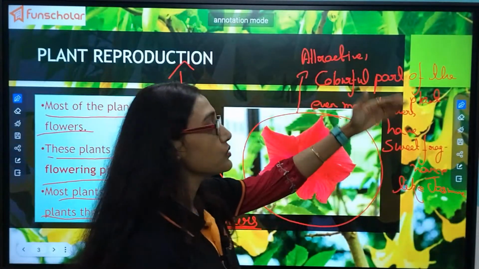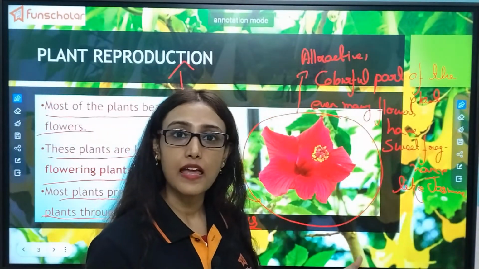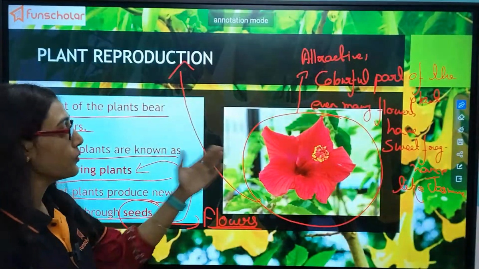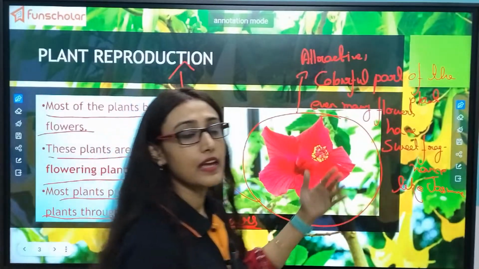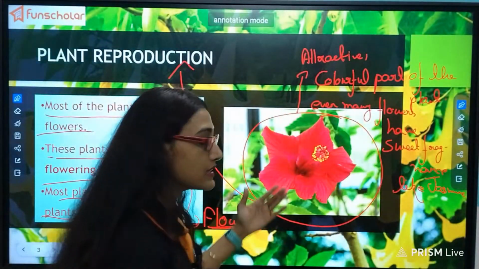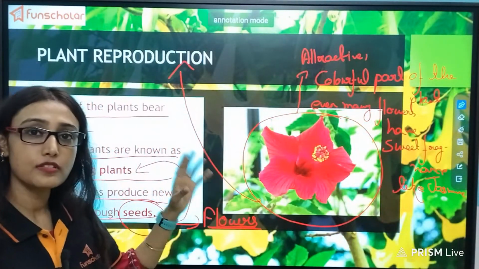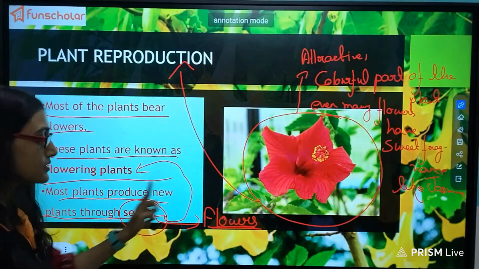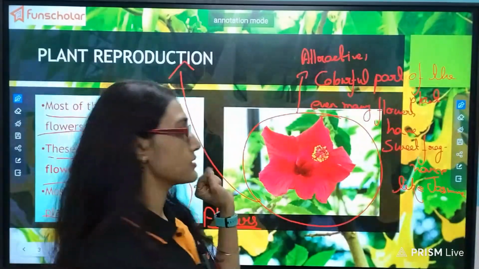Because to attract insects. So what do the insects do? We will read in the next slide. But to attract insects or other animals towards it, why? For the formation of seeds from flowers.